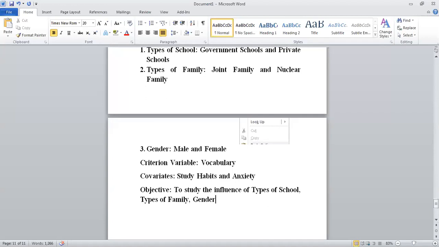These are the three variables, and when these are the three variables, these three variables will have interaction. So there will be different, various interactions.